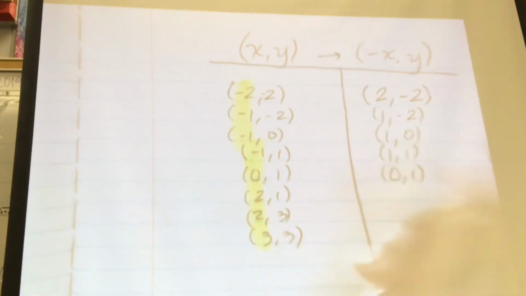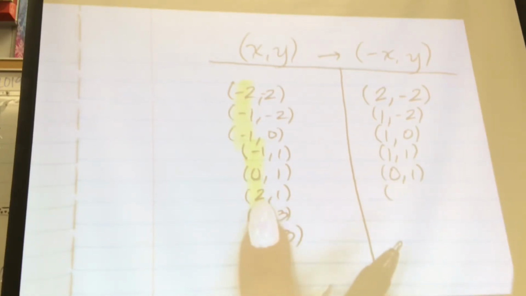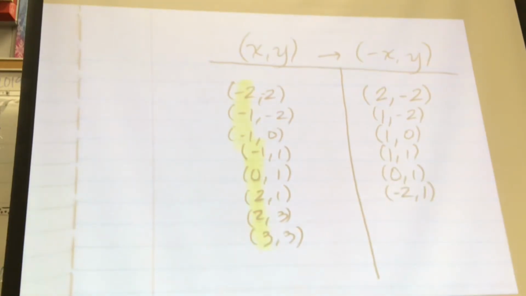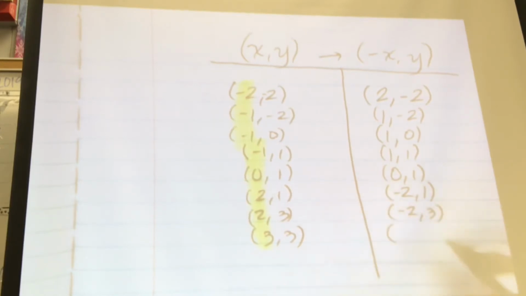It's not going anywhere. No such thing as negative 0. That makes no sense. Aaron? (-2, 1). Very good. Moses? (-2, 3). And Corinne? (-3, 3).